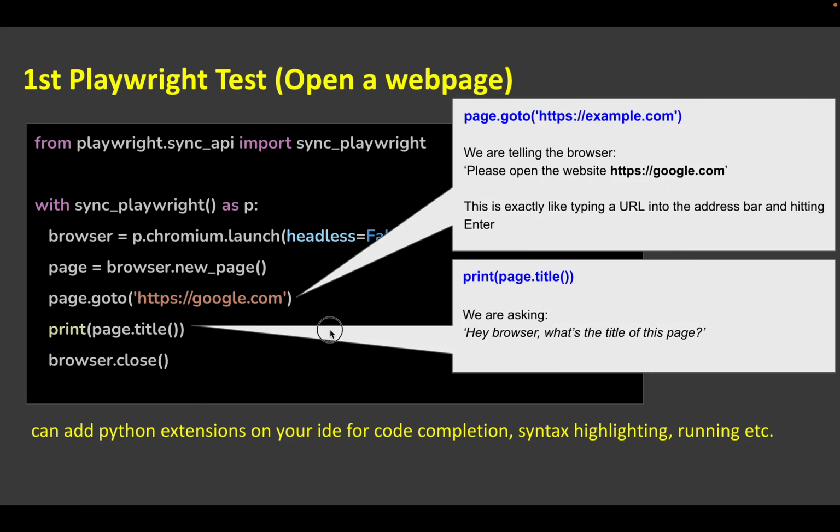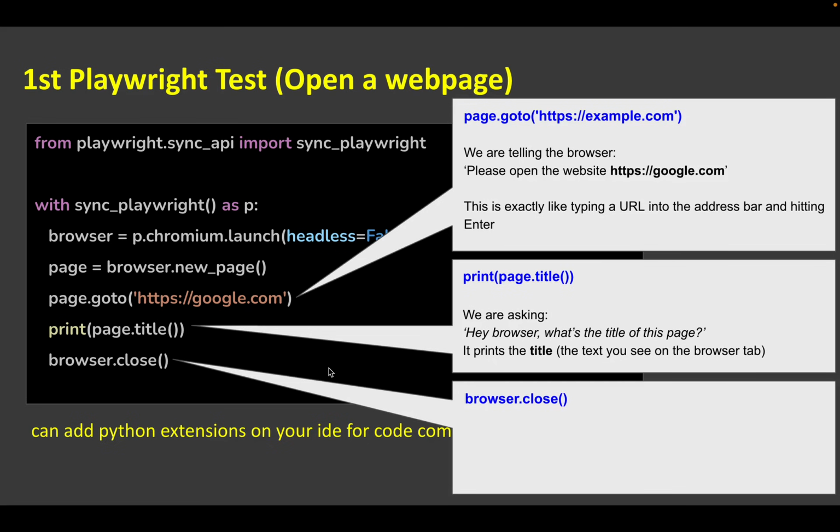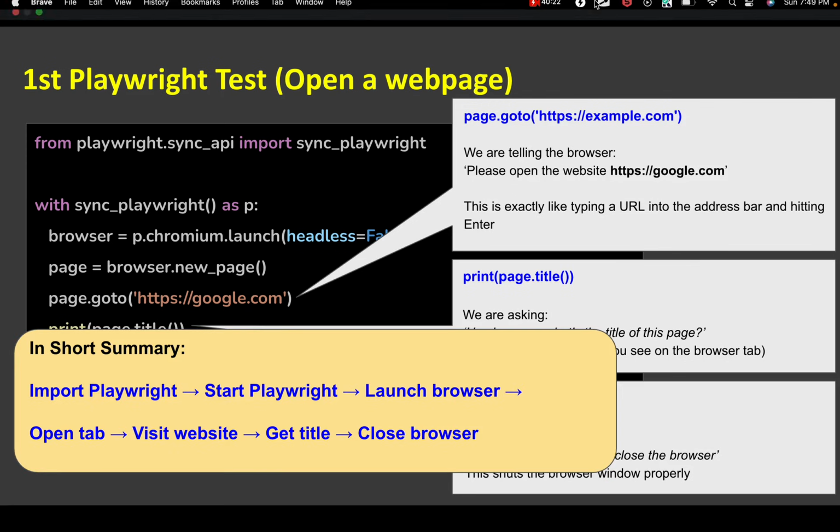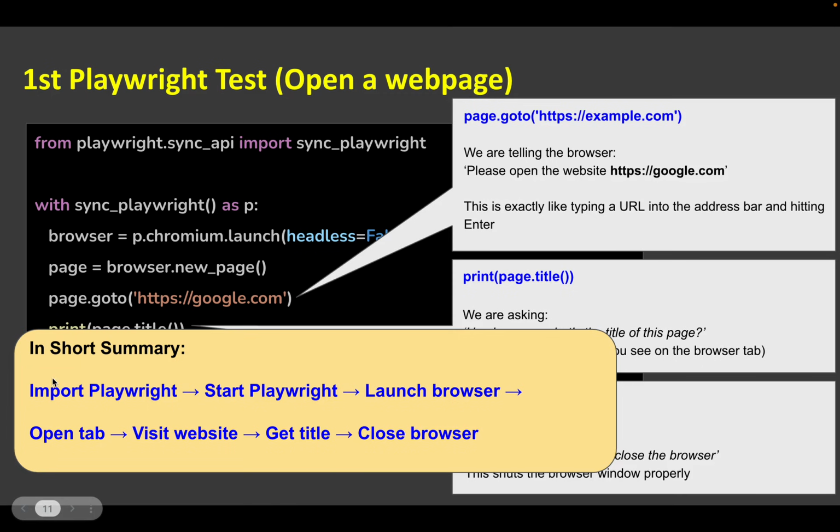As we work with Playwright, you will understand all this, and then finally we are closing the browser. So this is the code. Here we are just saying import Playwright, then start Playwright, launch the browser, open the tab, visit google.com, get the title, print it, and then close the browser.